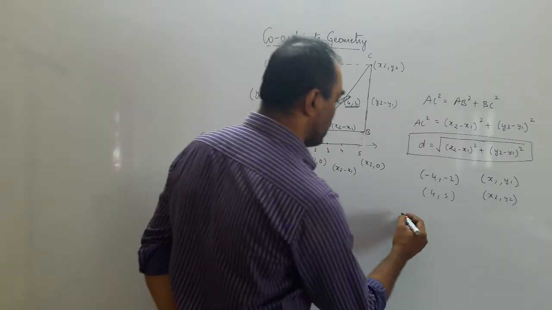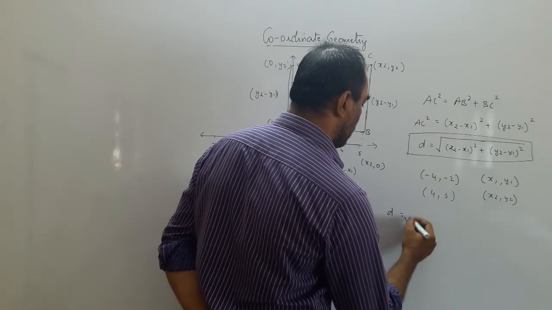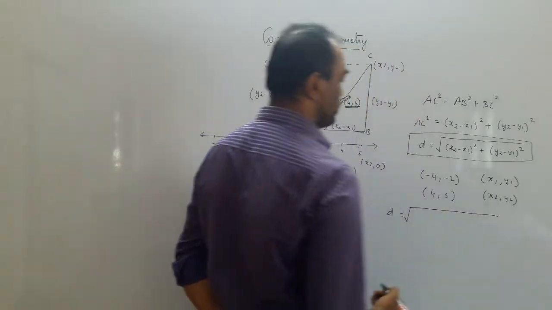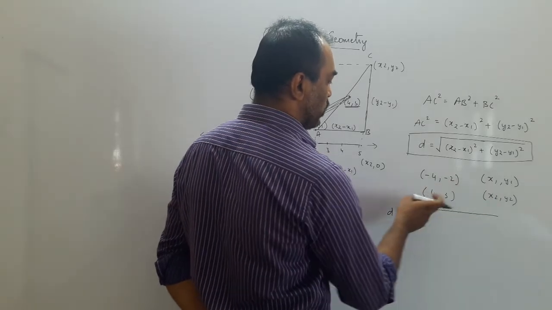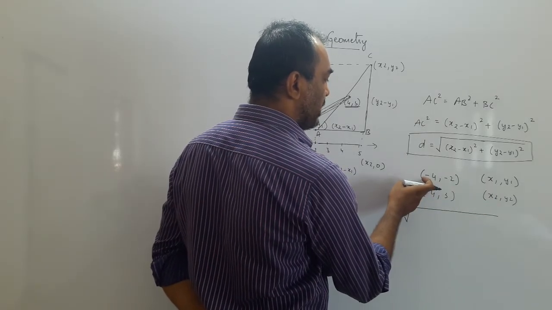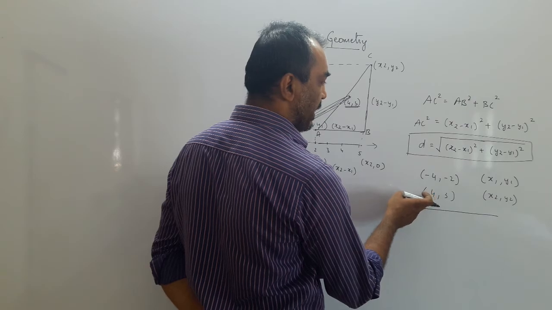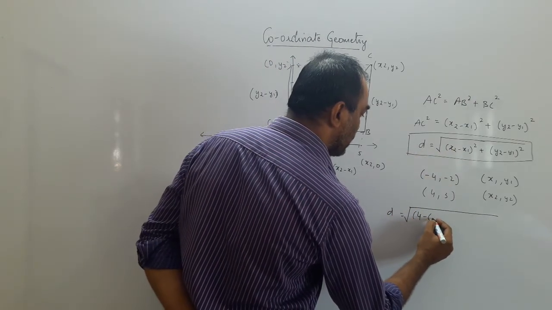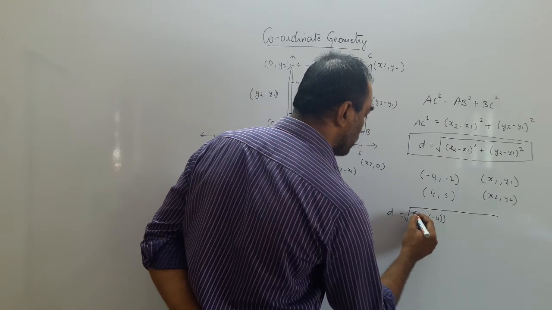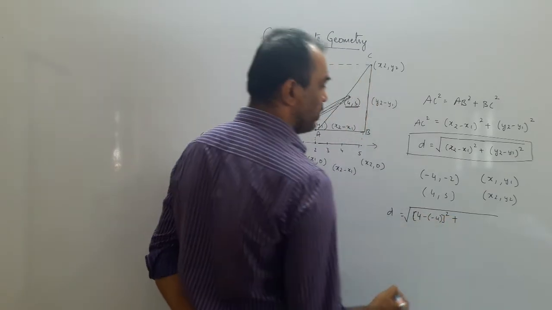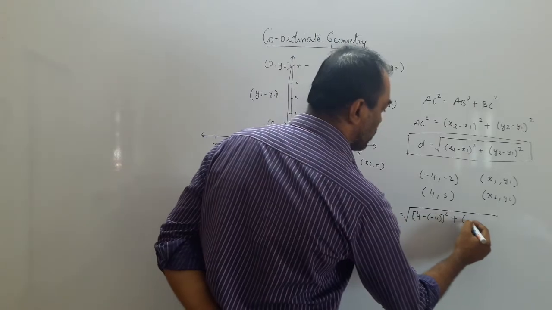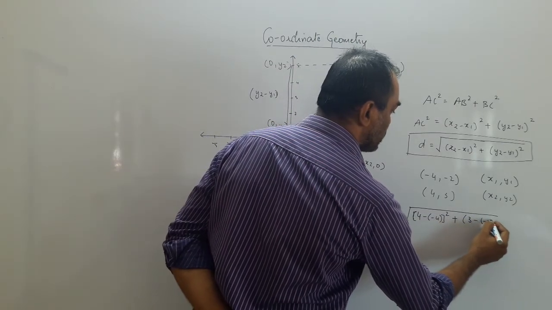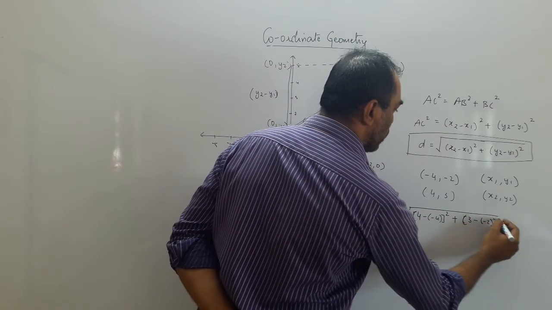Let us try the formula. Distance is under root of x2 minus x1. So 4 minus minus 4. Can you see this? x2 minus x1. The whole square plus 3 minus minus 2, the whole square.